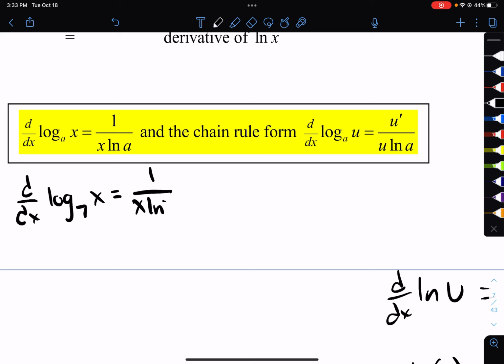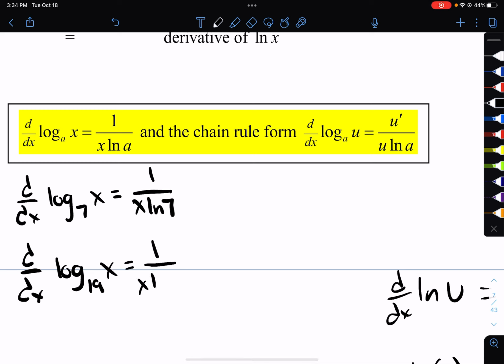So that number is 7. So I get 1 over x natural log of 7. I'm just plugging numbers into a formula, right? So the derivative of log base 19 of x would just be 1 over x natural log of 19.